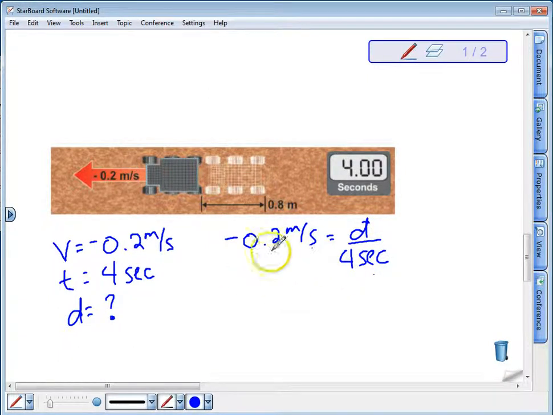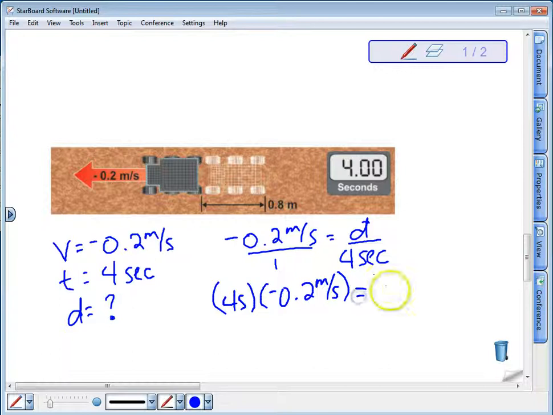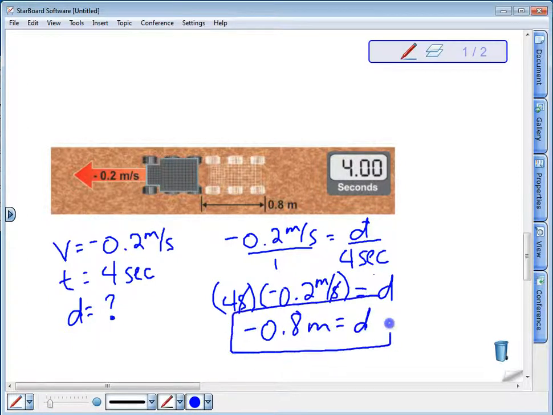Okay, again, we can solve by cross multiplying or by using algebra. 4 seconds times negative 0.2 meters per second gives me my displacement. Seconds cancel. 4 times negative 0.2 is negative 0.8 meters. And so that's my displacement.